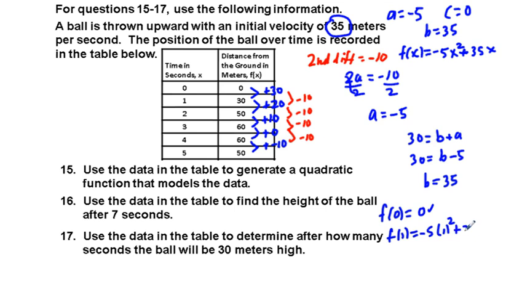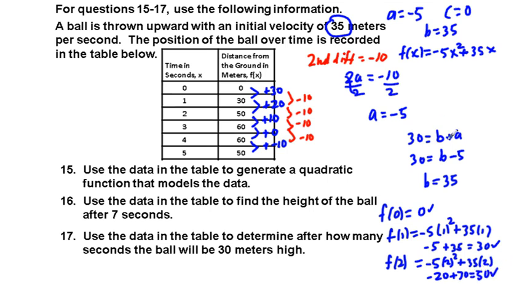So plus 35 times 1. So we get negative 5 plus 35 equals 30. That checks. Next, f of 2 equals negative 5 times 2 squared plus 35 times 2. So negative 5 times 2 squared is going to be negative 20 plus 70 equals 50. Check.